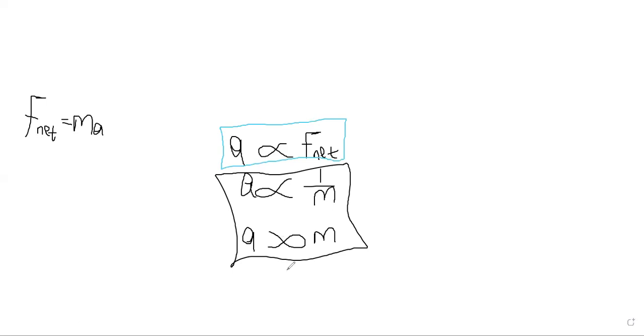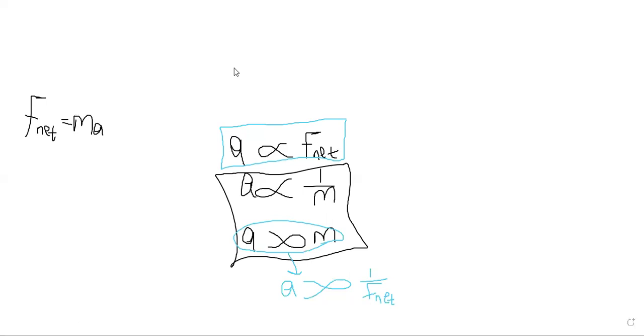If you want to show direct proportion using this one, you're just gonna say something like 1 over F net. So it just depends on which symbol or in which direction you're able to draw it, and then you can choose your direct and inverse proportion in accordance to the direction.